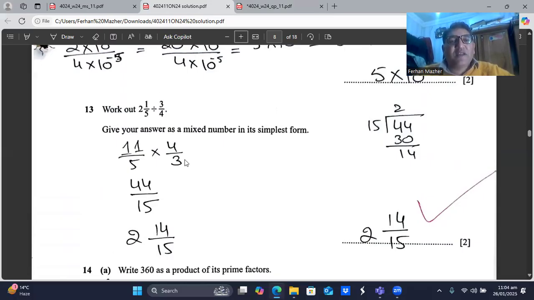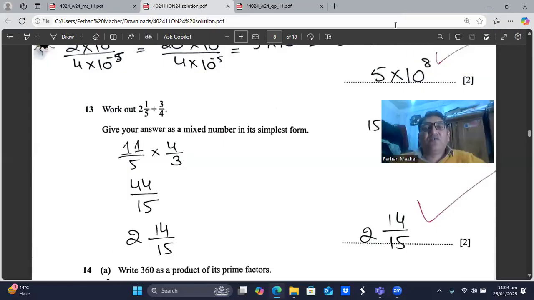So it will become 4 by 3. So now you will have 44 by 15. I will divide 44 by 15. You will have 2 whole 14 by 15. So 2 whole 14 by 15 is the answer.